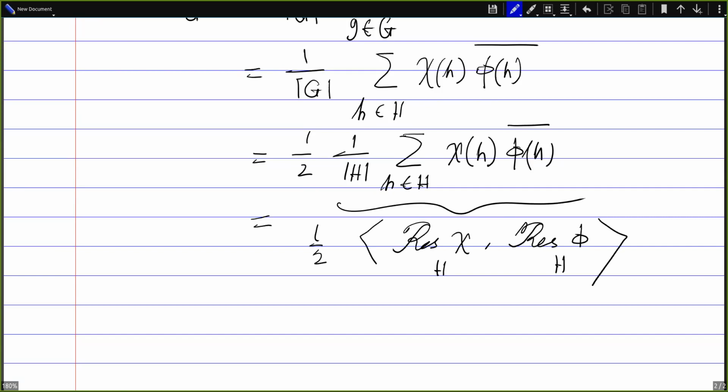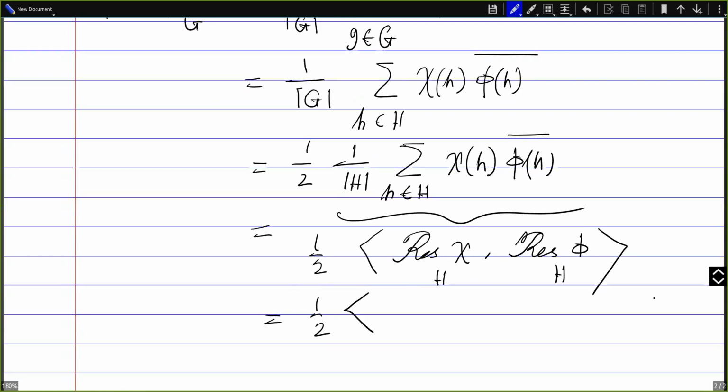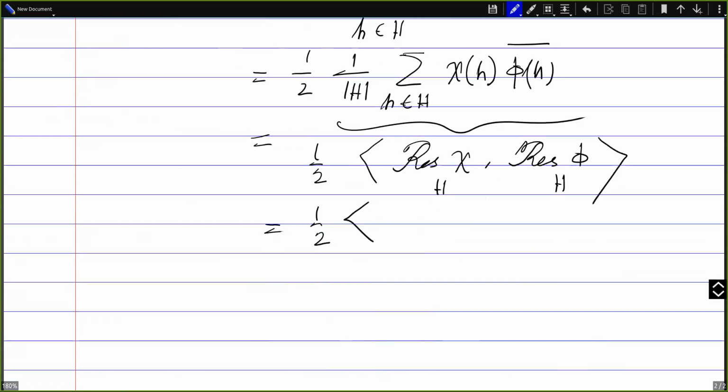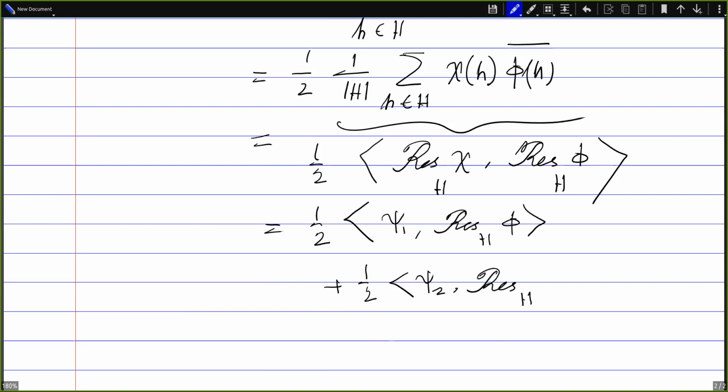Now according to our definition, res chi is psi 1 plus psi 2. So then what we have is the inner product of psi 1 with res phi plus the inner product of psi 2 with res phi.